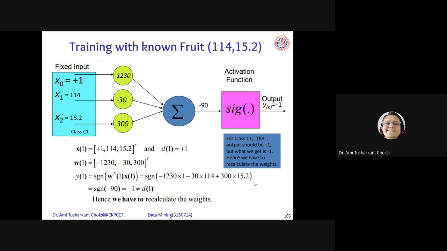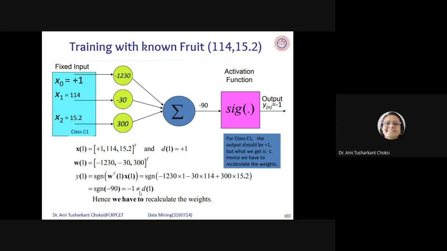That's what we have written here. With that, we are getting SGN of minus 90. So the activation function will give us the output as minus 1.